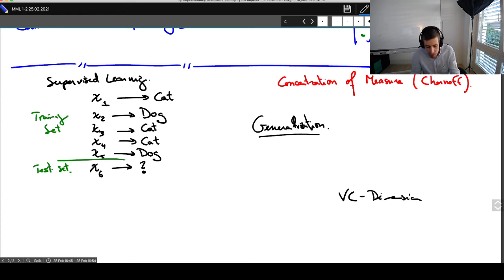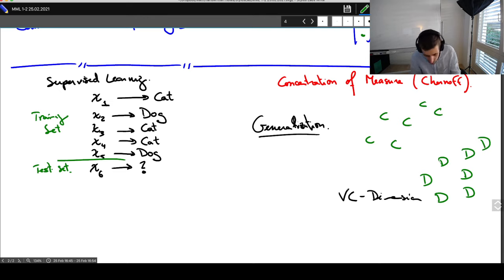Maybe another way of thinking about this, which I think is useful to have in mind: let's say I again put the images in 2D. Sorry for only being able to draw in 2D, and you have cats. And now I also have images of dogs, and for whatever reason I draw them in 2D, and they look like this.